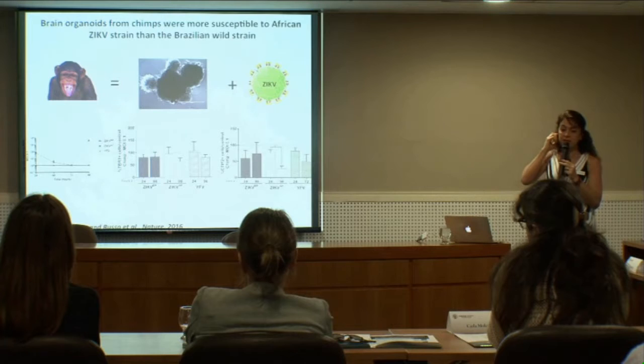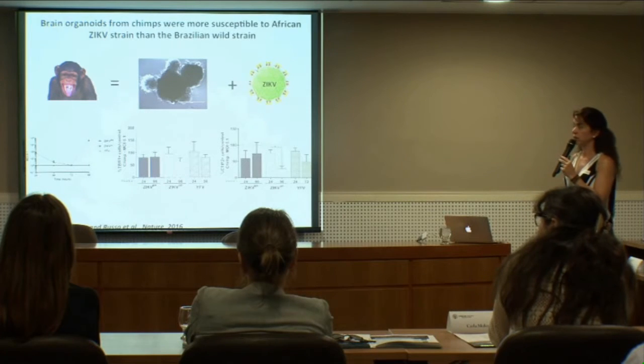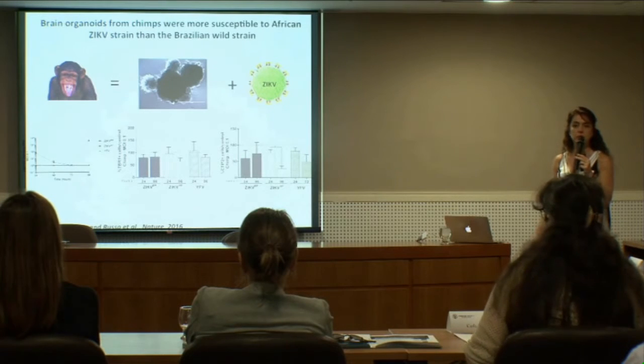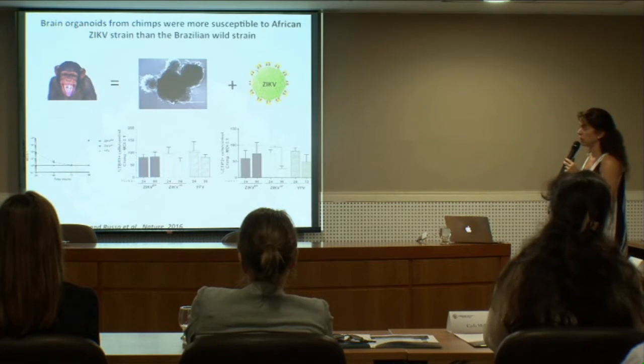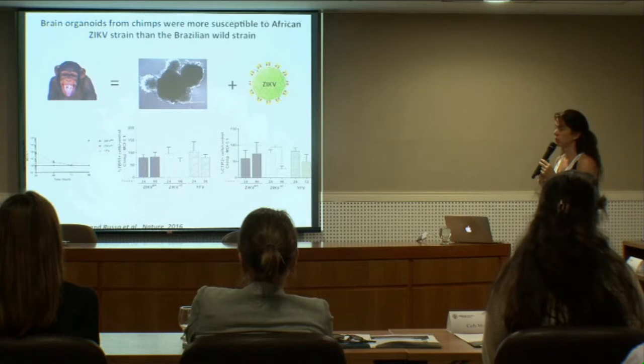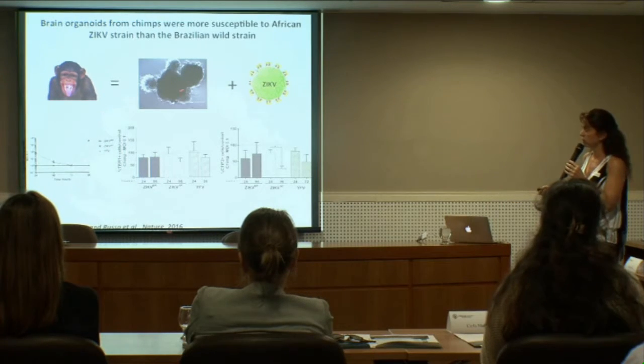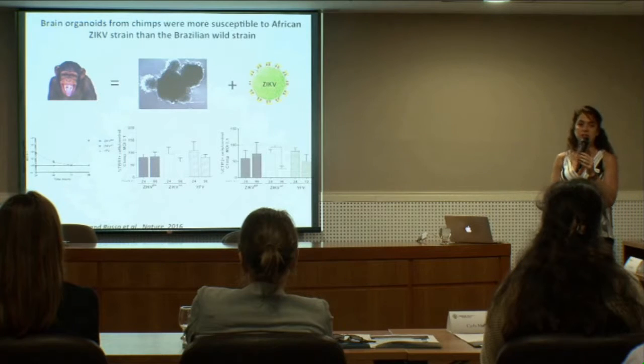And lastly, we also have brain organoids made from chimp fibroblasts, from a biopsy in a chimp. And we'd like to test this brain organoid with the 2 strains of Zika virus.